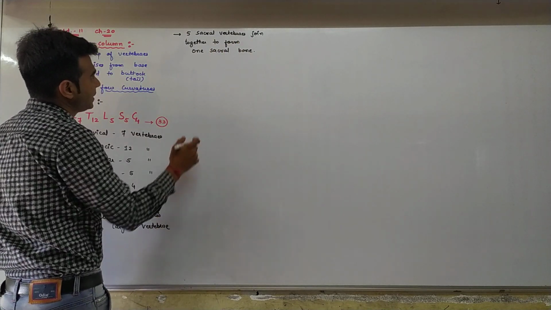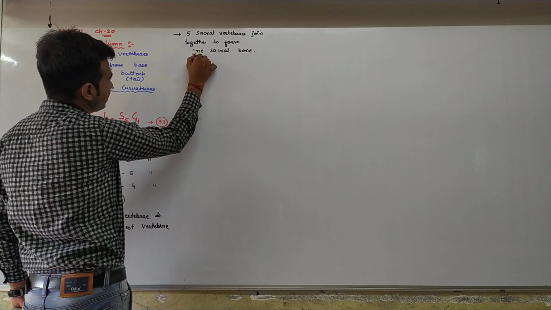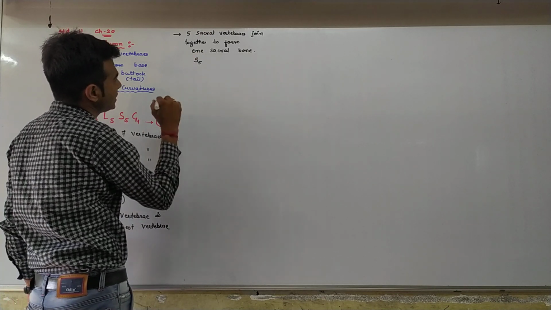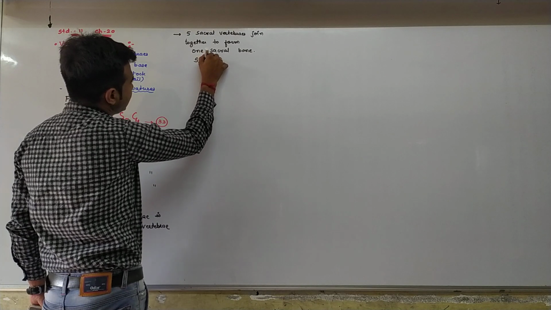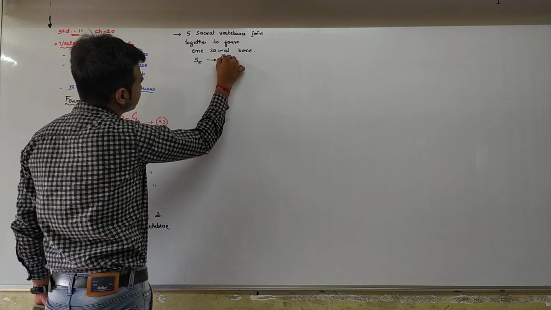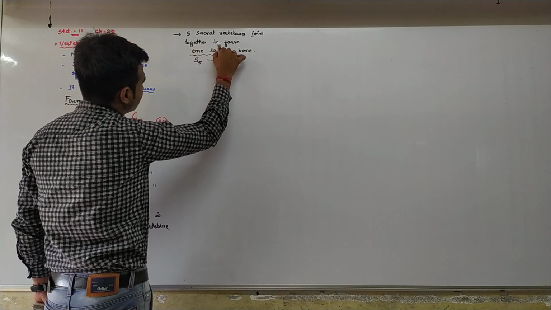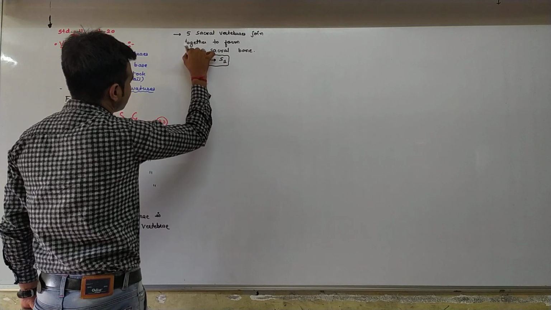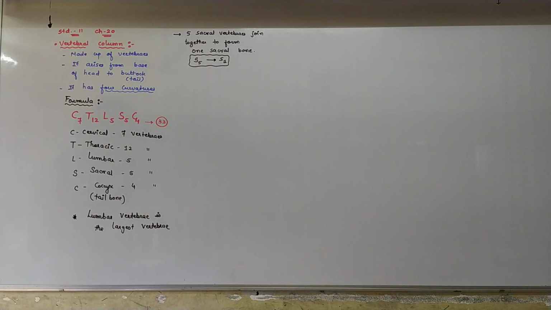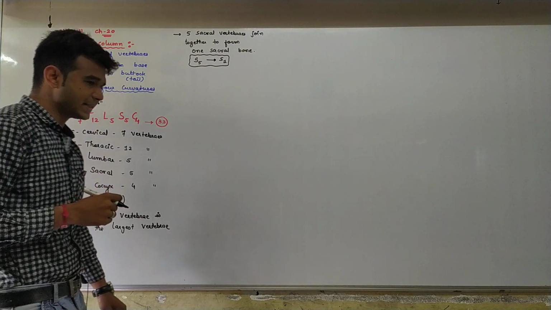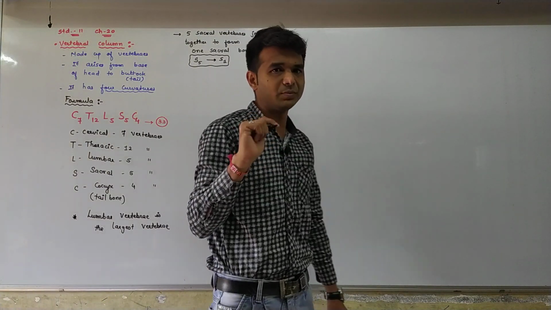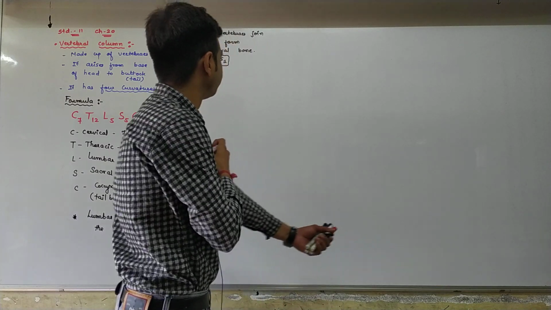So here what happened, the sacral vertebrae S5 become S1. Okay, 5 bones are fused together and form only one bone, that is the sacral bone.